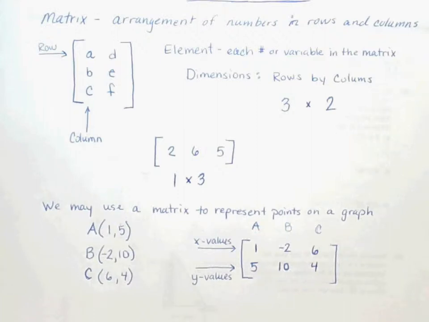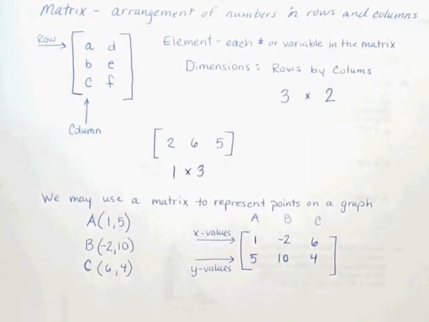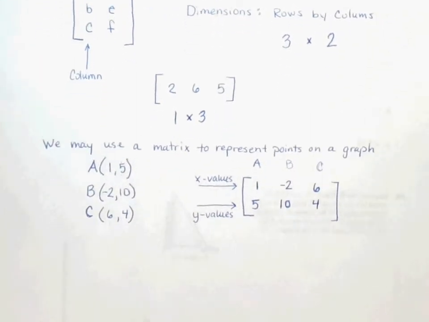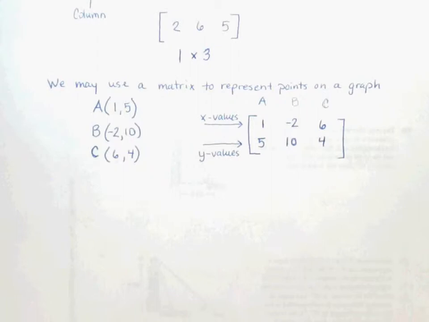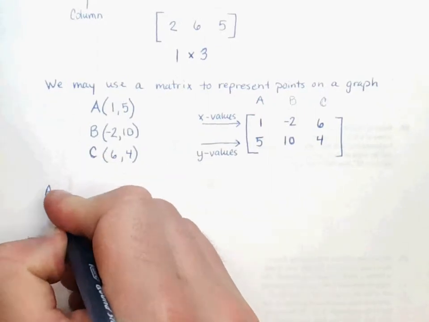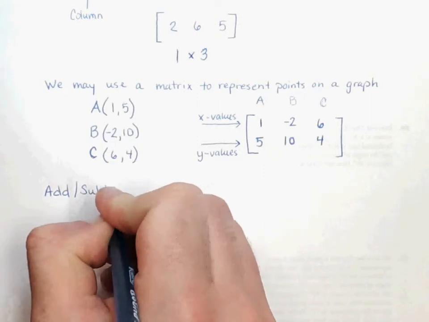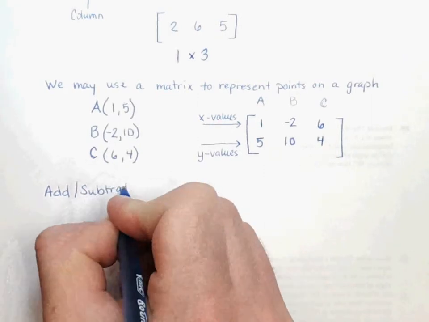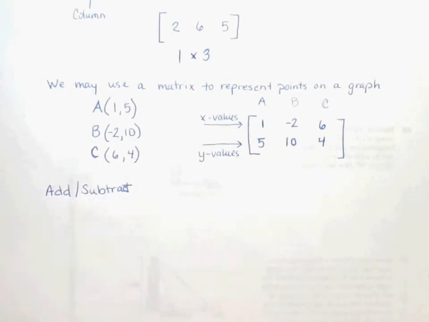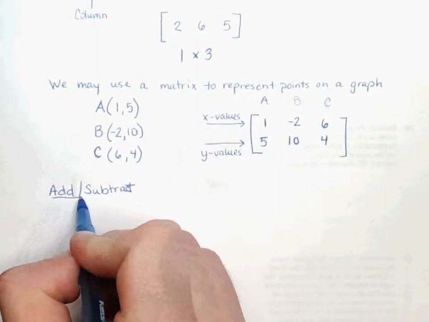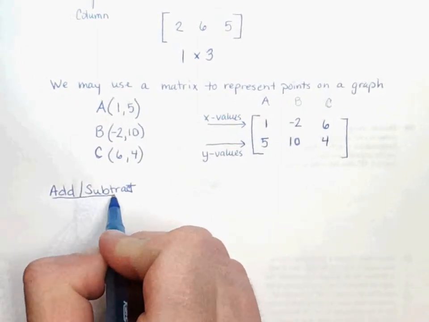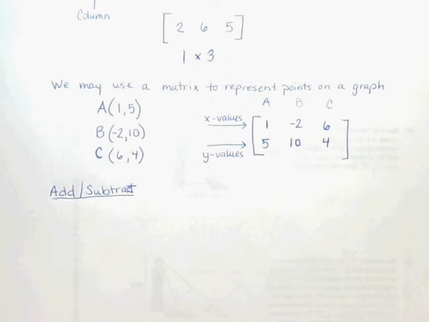Now, when we want to add or subtract matrices, adding and subtracting matrices may be the easiest thing that we've done all year long. When we want to add or subtract matrices, one thing must be true.